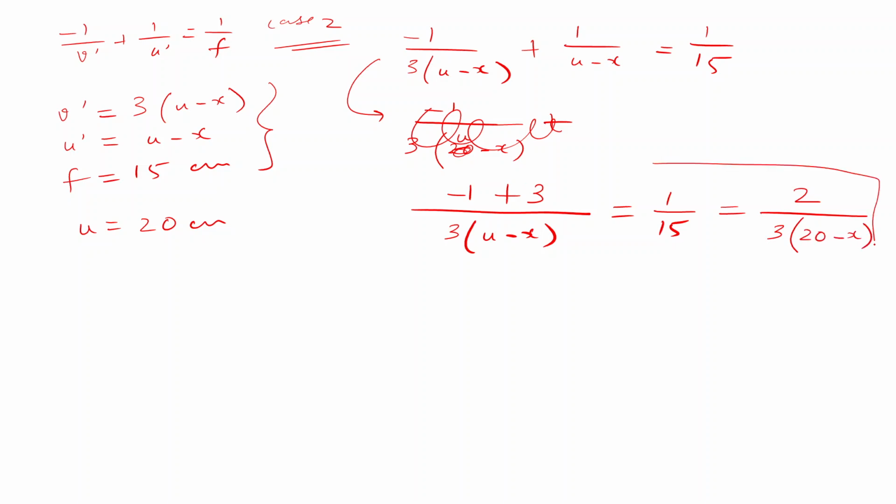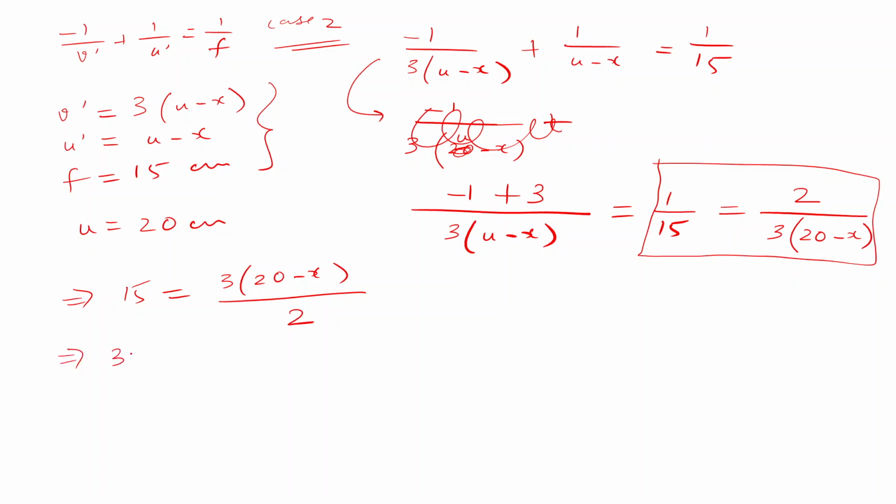From this I need to find out x, which implies if I take reciprocal, 15 is equal to 3 times 20 minus x divided by 2. If I take 2 on the left side, it will be 30, right?